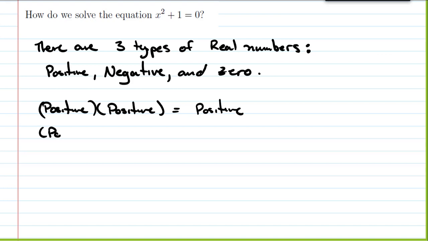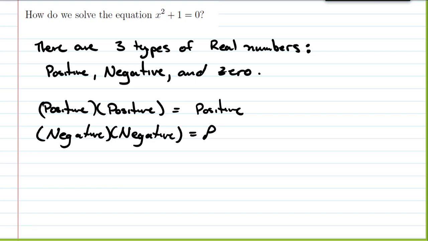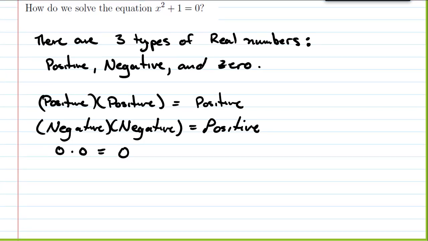We also have a negative times a negative, which also gives us a positive. And then lastly, we can actually compute this one. 0 times 0 is equal to 0.